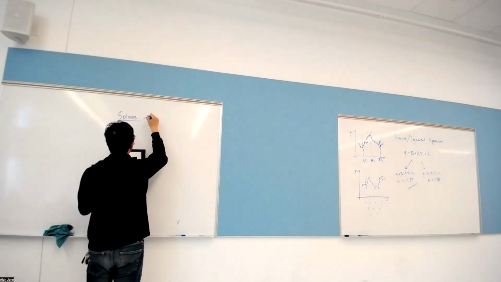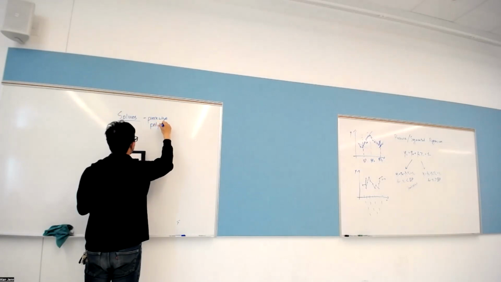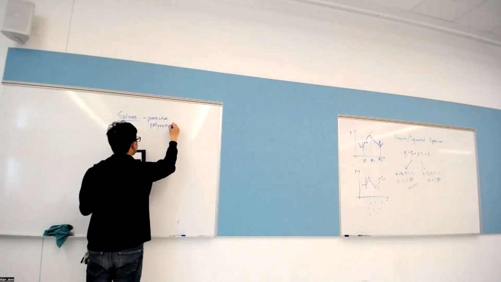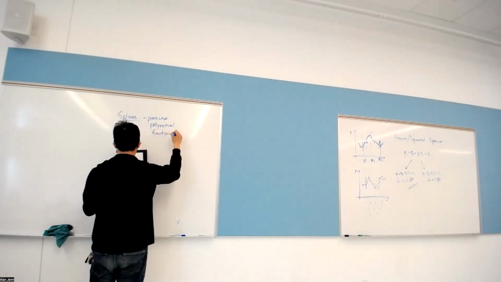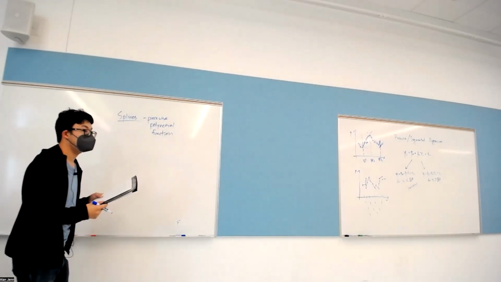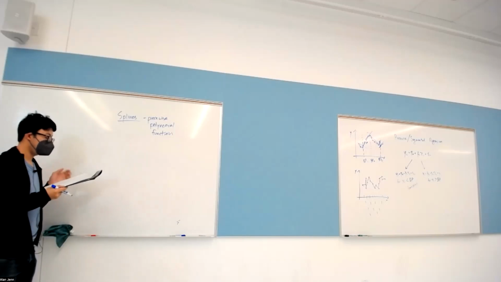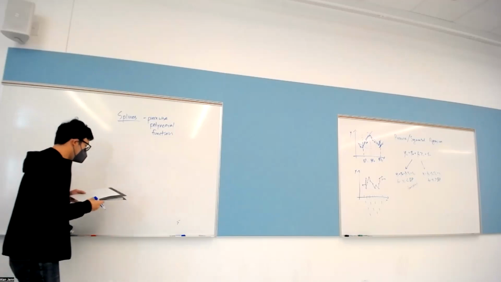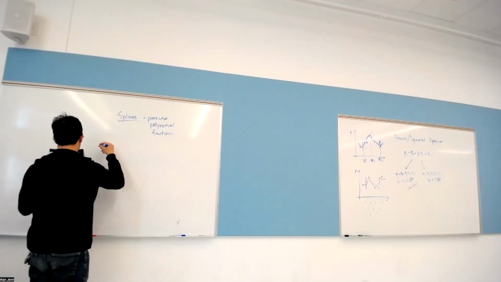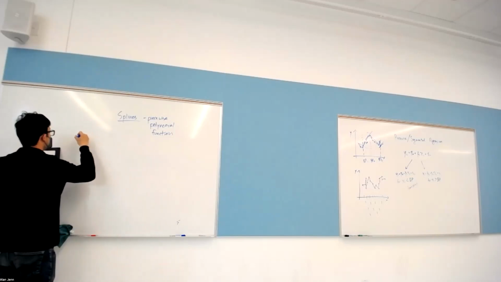So this is a piecewise polynomial function. But there are some hidden details, okay? So let's take a look here.